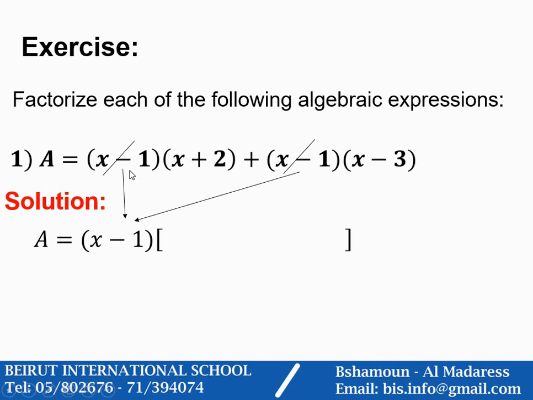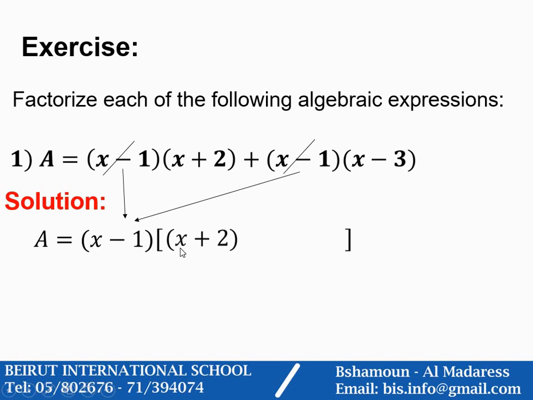So first, you take the common, you simplify it, and you write it outside. Second, you write here the remaining of each term. For the first term, x minus 1 into x plus 2, if you divide it by x minus 1, you simplify x minus 1 by x minus 1, and it remains x plus 2.